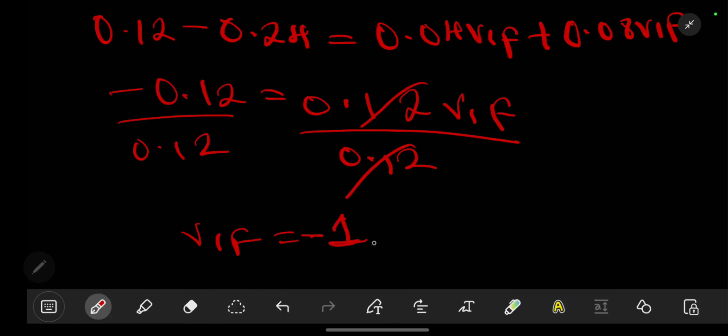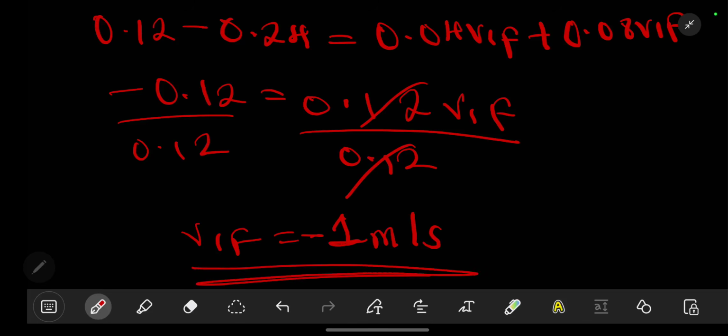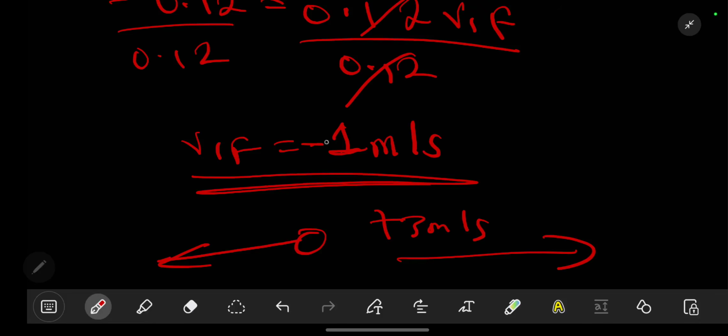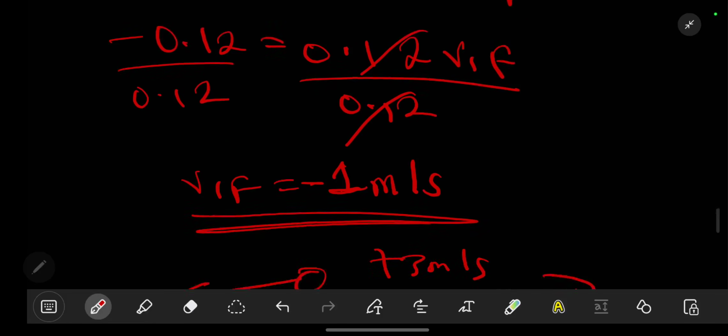So we have negative 1 meters per second. It means it is now moving to the left. Remember, this one that was 3 meters per second was moving this side, it was positive. So this negative means it's moving to the left.